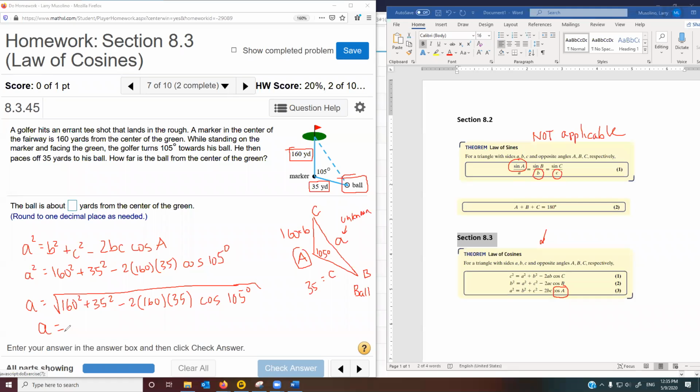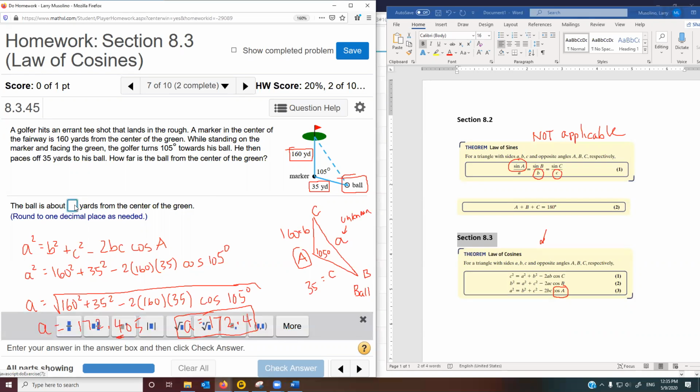All right, so when I enter this square root into my calculator, I'm getting the answer A is 172.405. They want me to round to one decimal place, so it looks like our answer here is this ball is 172.4 yards away from the center of the green. All right, let's try that and see if that's the correct answer here.